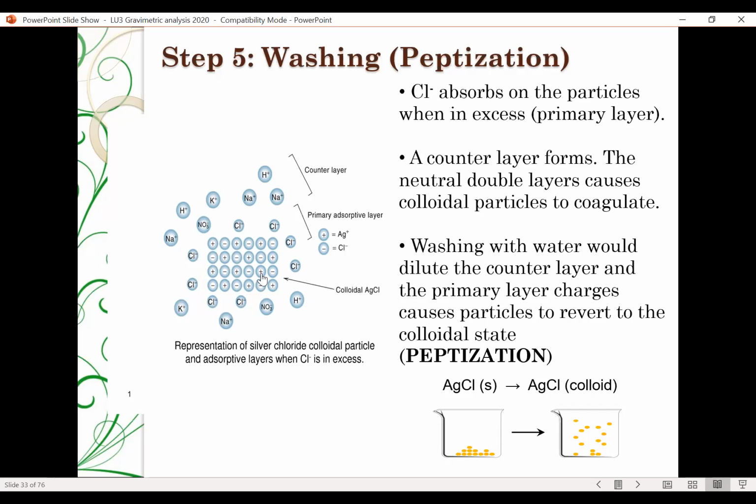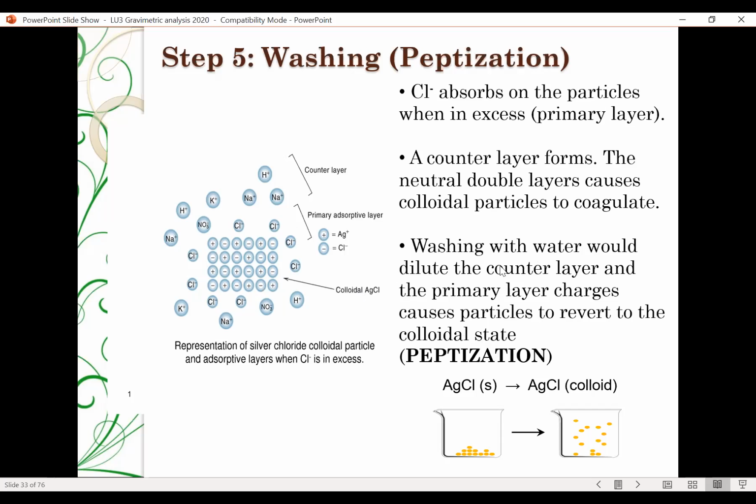It will yield the product silver chloride, and silver chloride is normally in colloidal form, but if we do the digestion process, it will go into this form, which is the large particle form, okay, where all the small particles coagulated during the digestion process, and then we filter it. Then during the washing process, if you wash this with water, you could dilute the counter layer and the primary layer charges, which causes particles to revert to the colloidal state.